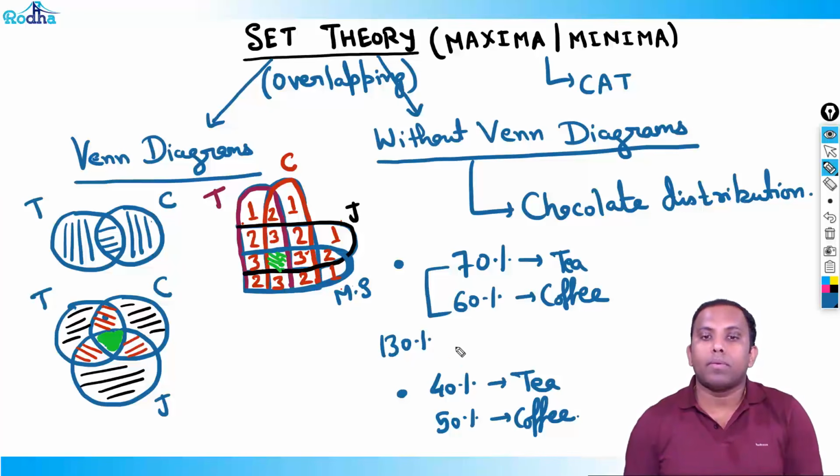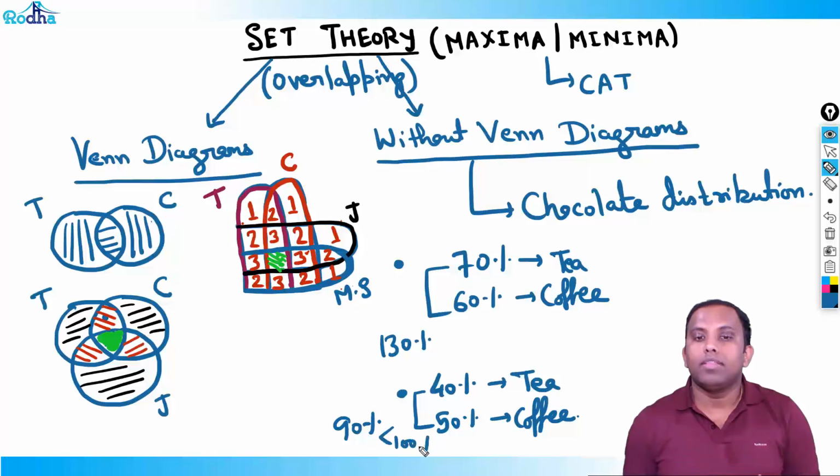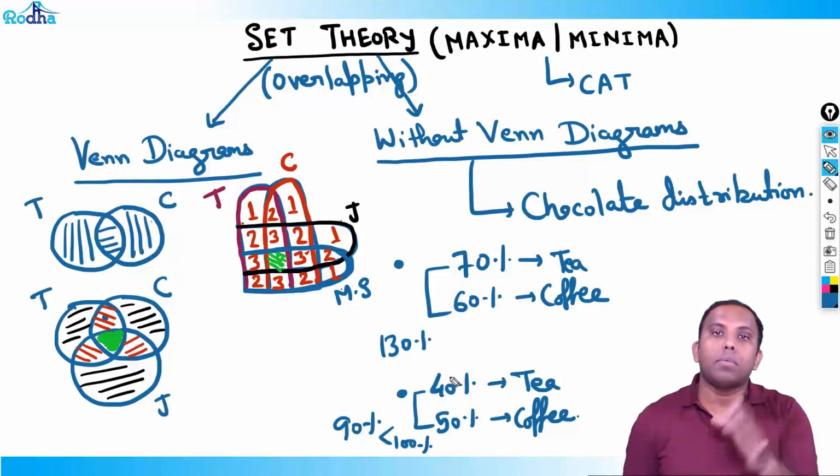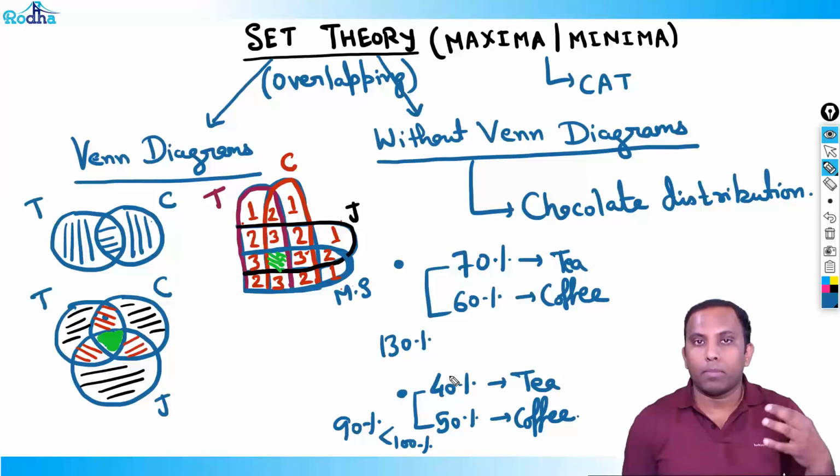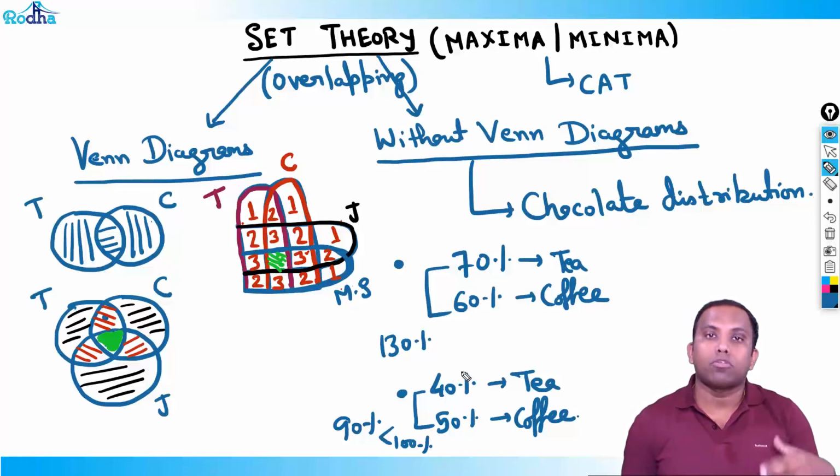Because 40% people can be drinking only tea, and 50% drinking only coffee, and if you sum it up, it is 90%, which is less than 100%. That means it could be both single. Out of 100 people in a class, 40 people drink tea, 50 can drink coffee, and 10 can drink nothing. So here overlapping cases are possible and not possible, both things.